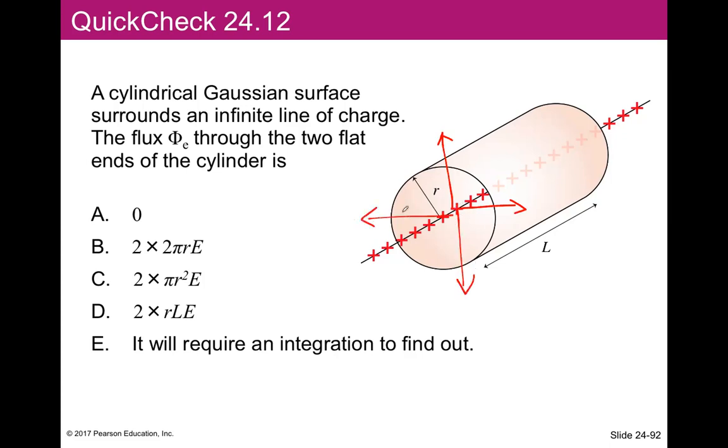Going out, right? So when we're talking about the two flat surfaces, the two ends, all of the field lines are parallel to the two ends. So no field lines will go in or out of the surface. Therefore, it's 0.